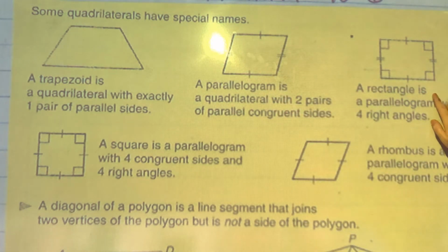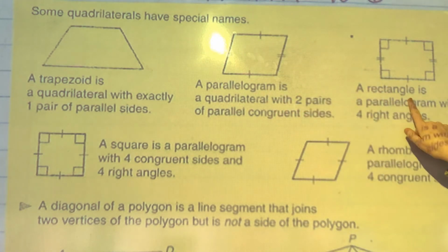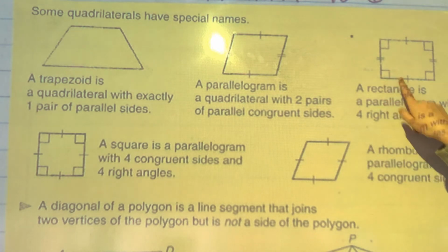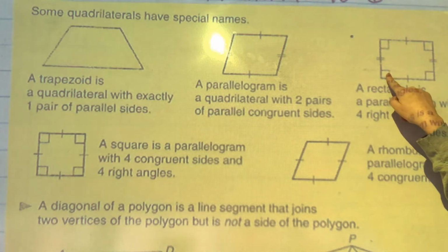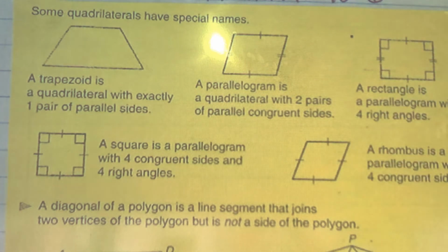But a rectangle can be called a parallelogram and a rectangle as well. A rectangle's definition is a parallelogram with four right angles. Parallelogram means two pairs of congruent sides, which we have, and four right angles, which we have. So a rectangle can be called both a rectangle and a parallelogram with four right angles.